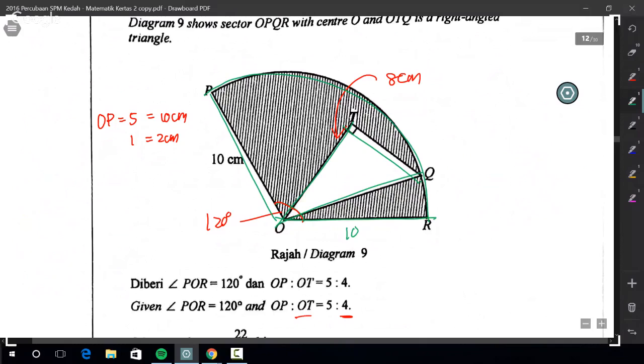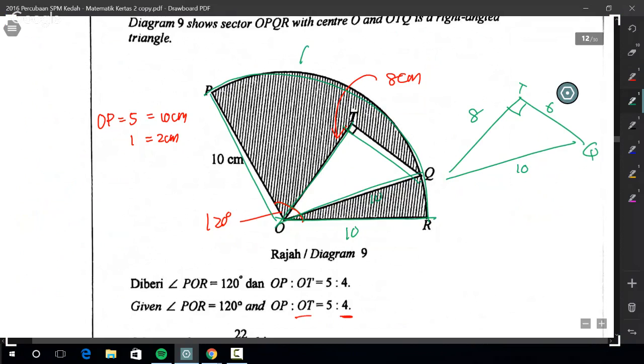We need to find the angle. I know there is 8. Oh, this is 10 also, sorry. For this right angle inside, because O to Q is a radius, here we have 10 and here 8. So I know the other side from T to Q will be 6, because 3, 4, 5. All right, so I got all the information here.